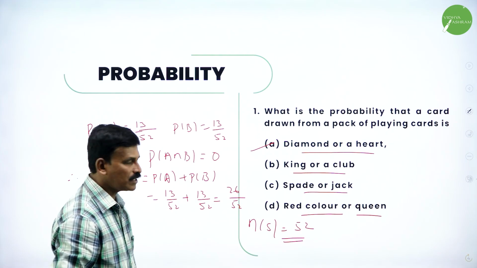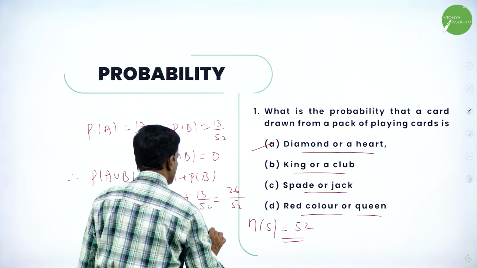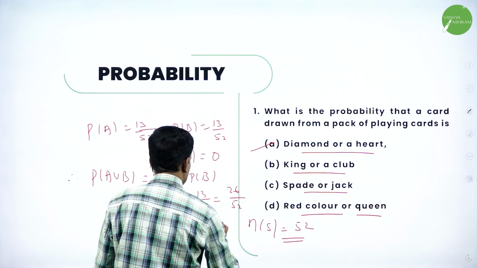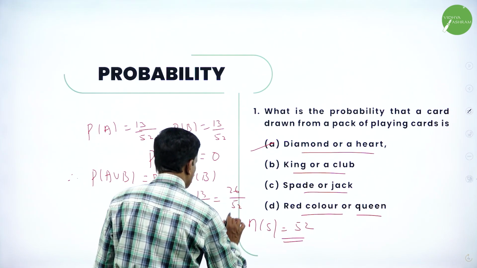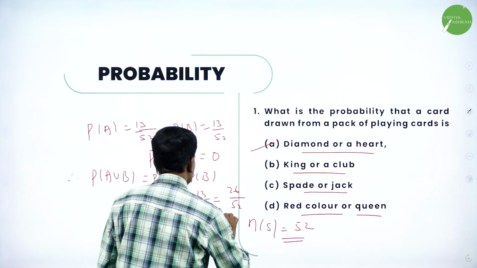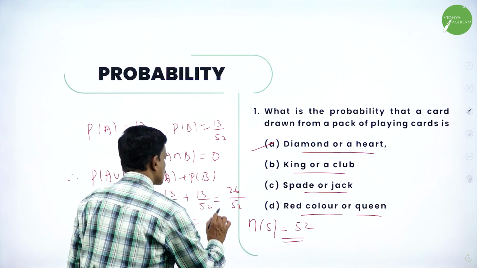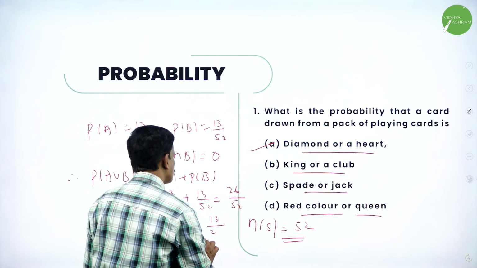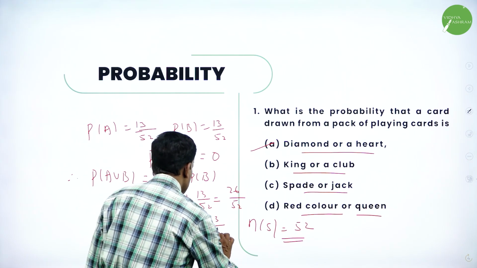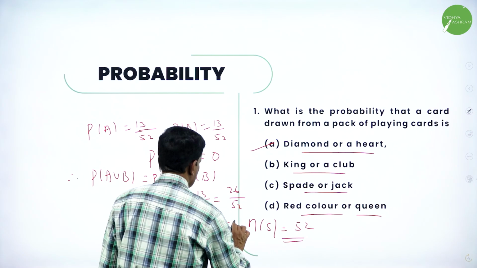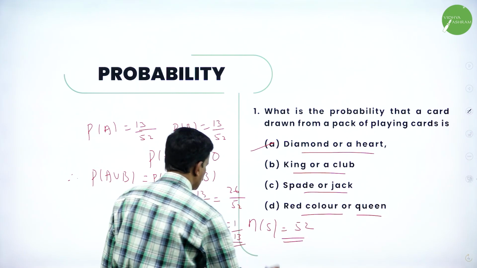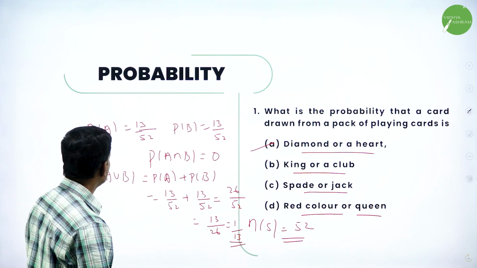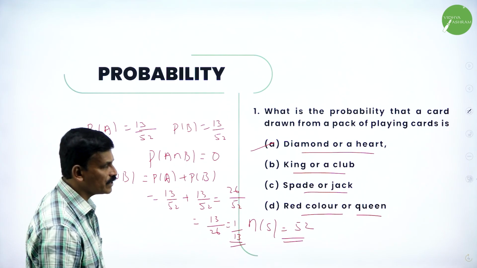So you can divide it. 13 twos are 26, so 13 by 26 is equal to 1 by 13. So this is the probability of getting a diamond or a heart.